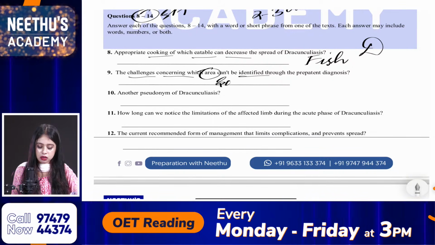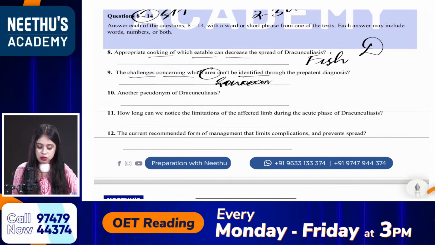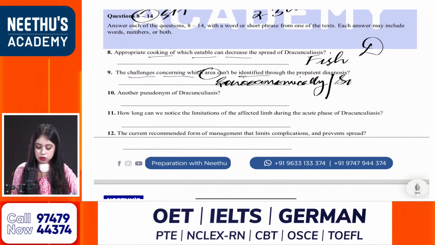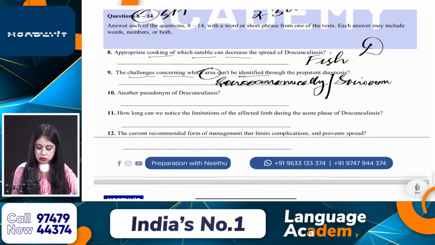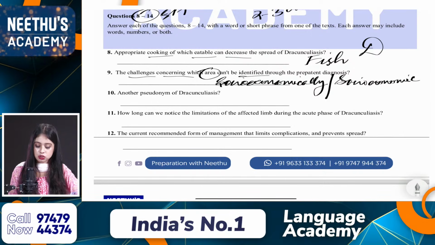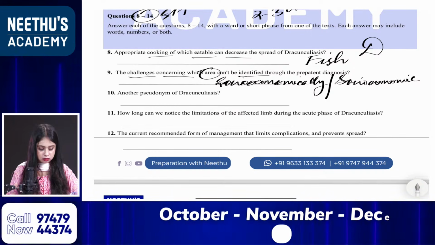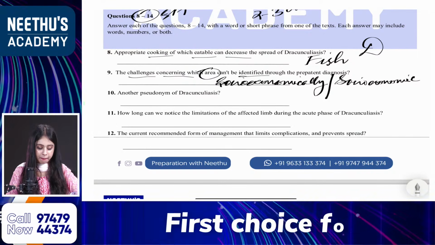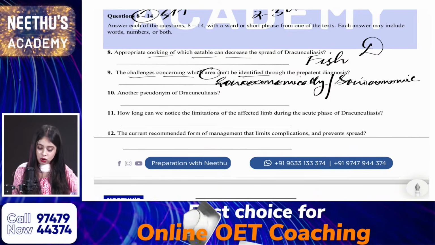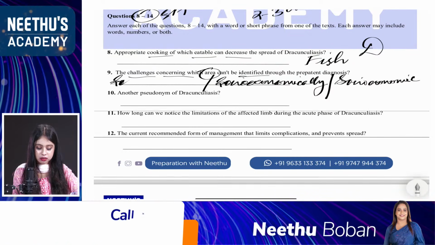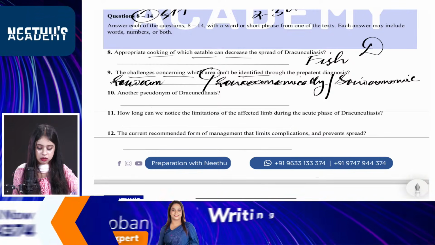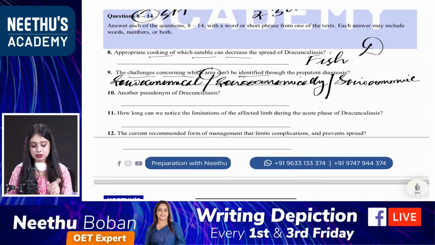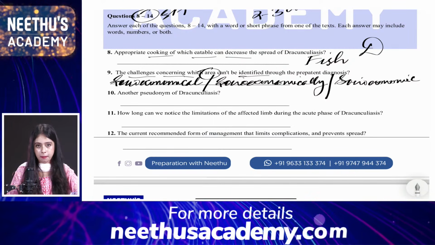How should I write it? Is it socio-economically, or socio-economic, or like this? Which one is correct? First one, second one or third one?